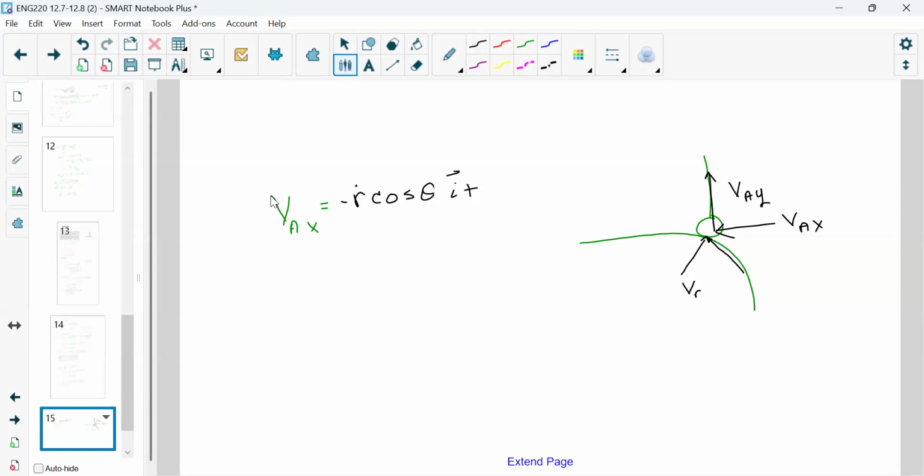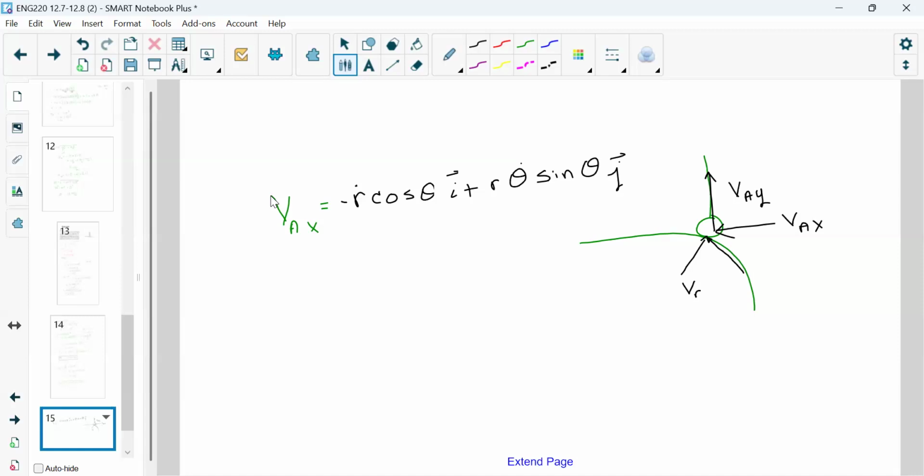Oh, okay, and then that is going to be plus r theta dot sine of theta, that's in the j direction. And that has to do with the relationship between polar and rectangular coordinates.